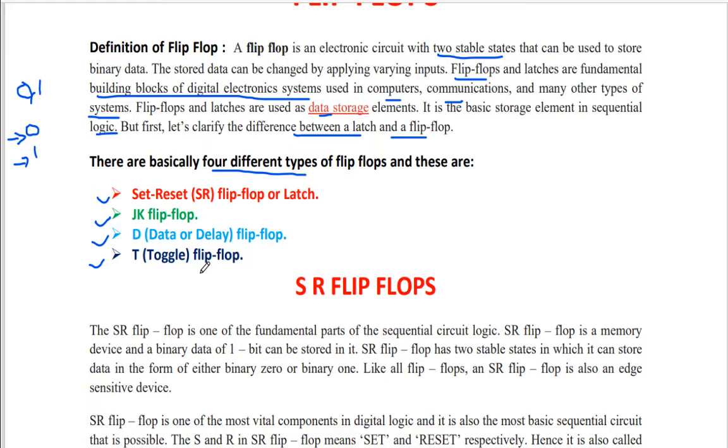We have another variation of the JK flip-flop, that is the JK master slave flip-flop. Those concepts we'll be discussing when we study the JK flip-flop. The D flip-flop is also known as the data flip-flop or a delay flip-flop, and we have a T flip-flop, or we call it a toggle flip-flop.